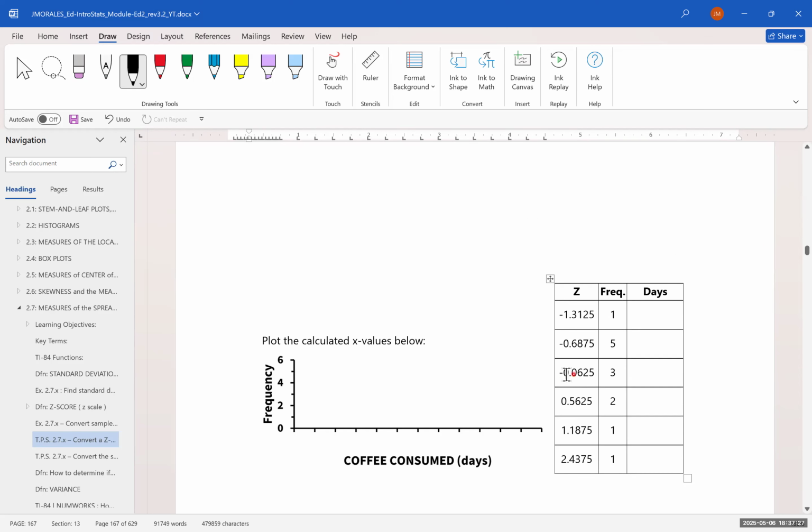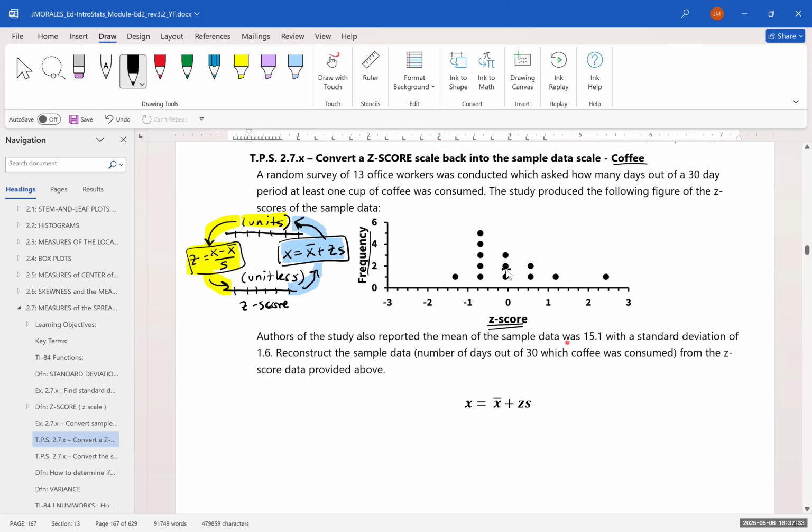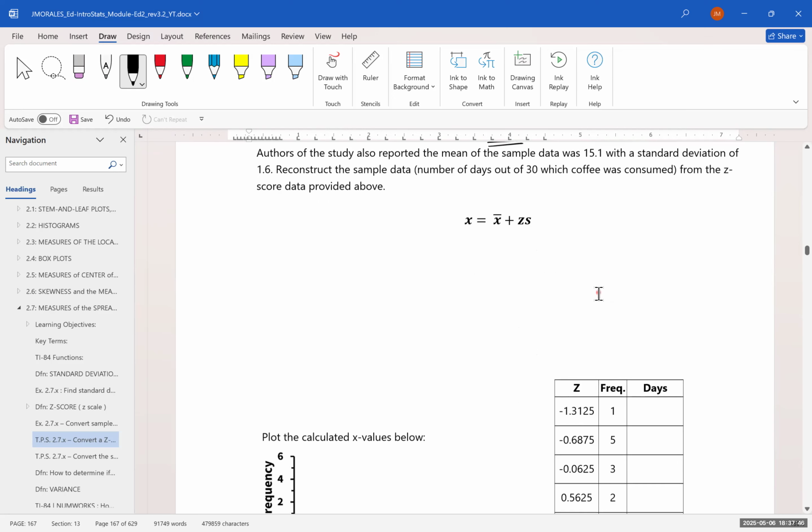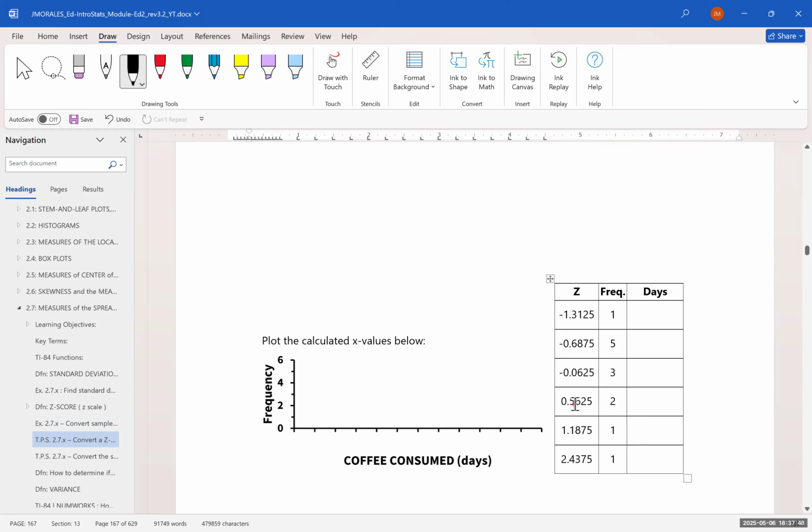And then here we've got this number, which is slightly negative, negative 0.06325. There's 3 of those, so here are those 3 right here. It's just slightly negative, close to 0. And then the other 4 data points are above 0, and those should be positive numbers. We have positive 0.5625.